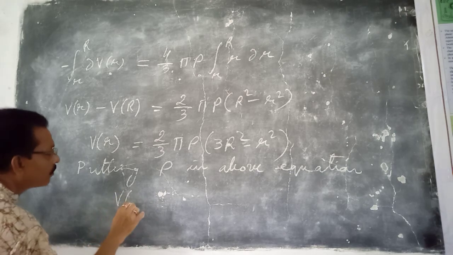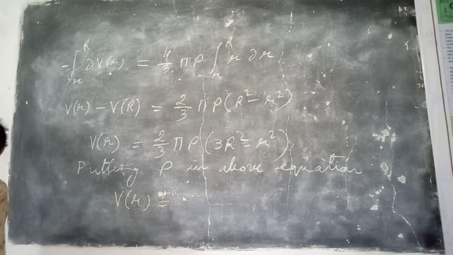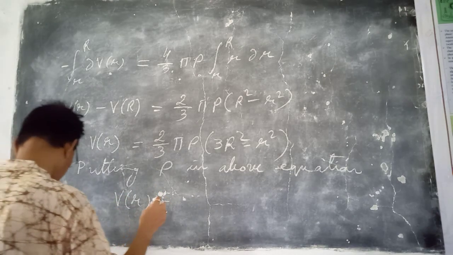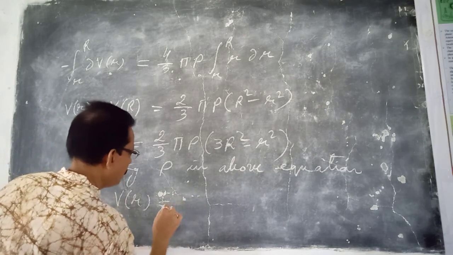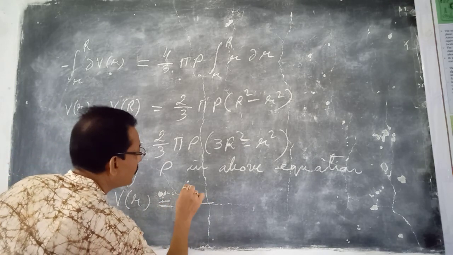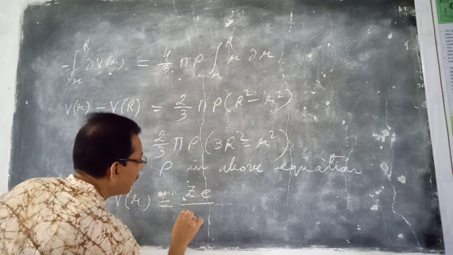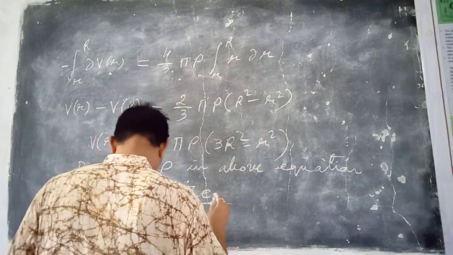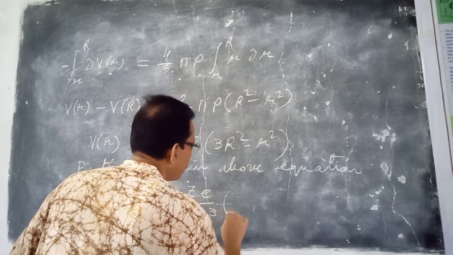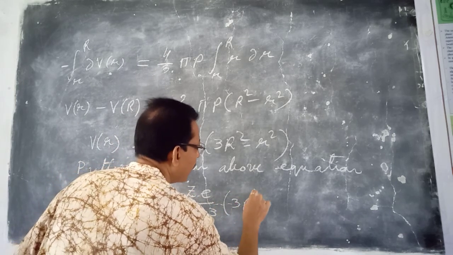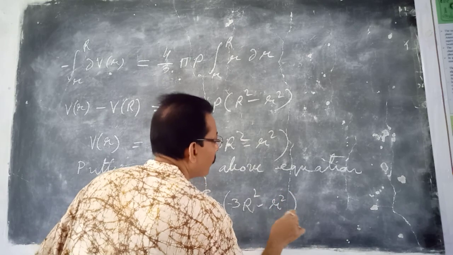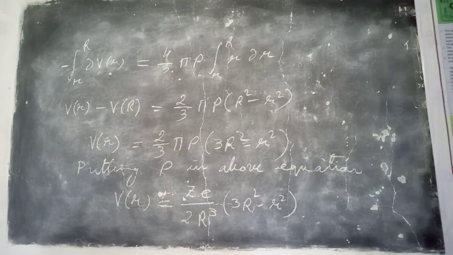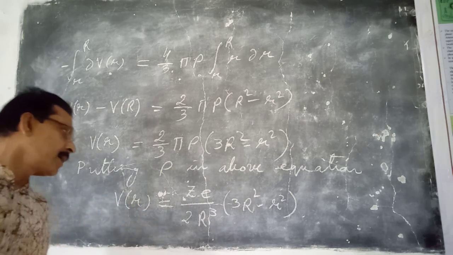V(r) equals Ze by twice R cube into (3R square minus small r square). This is the potential at an inside point of that charged proton sphere.